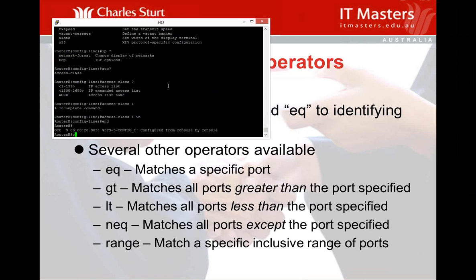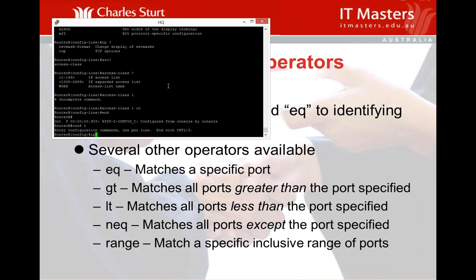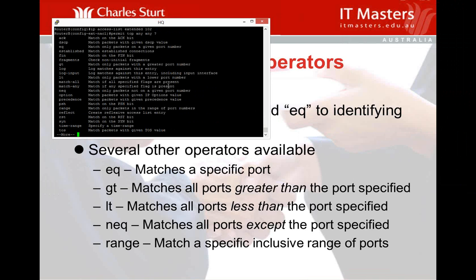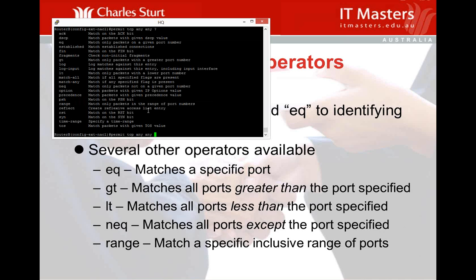If I was to give you an example, let's have a look. We go IP access-list extended 102, and we go permit TCP any. Then we have a look at the operators there: EQ, GT greater than, LT less than, NEQ not equal to, and range.